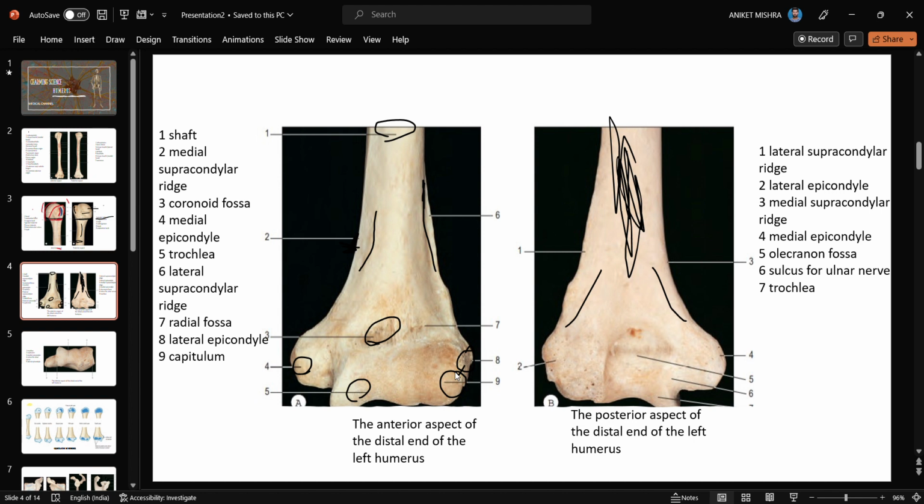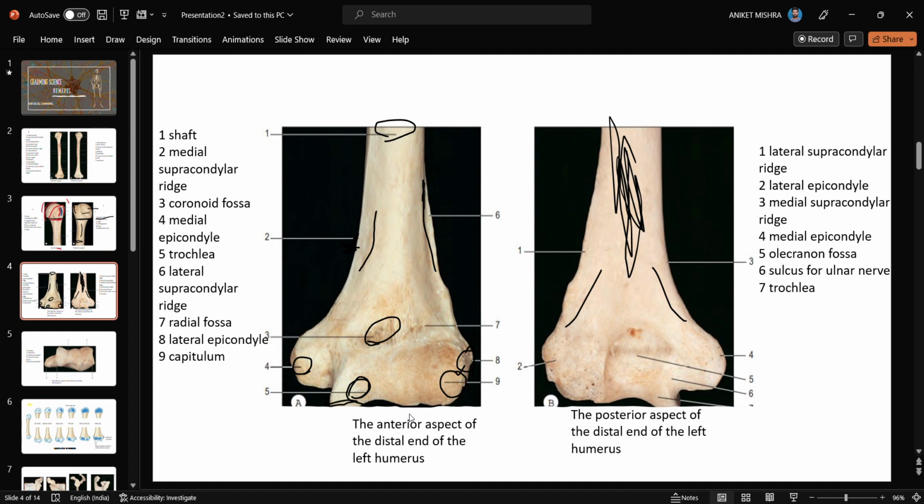The medial edge of the trochlea projects down 6 mm more than the lateral edge. So it means the trochlea is a little lower. When we measure the size, we will find that the trochlea lies a little lower than the capitulum, and this results in the formation of the carrying angle.